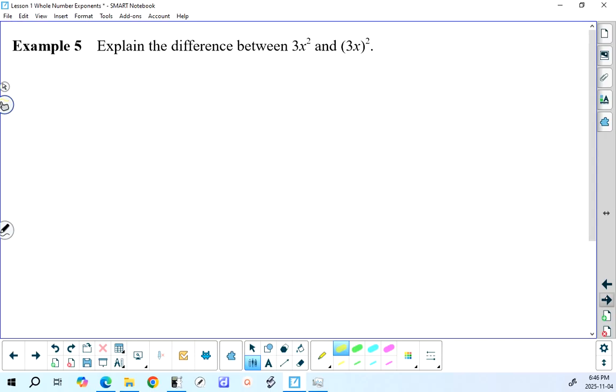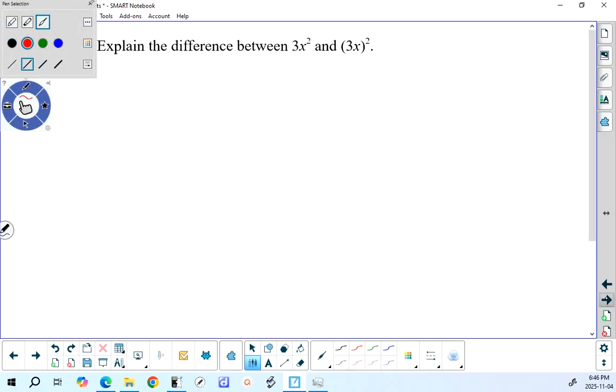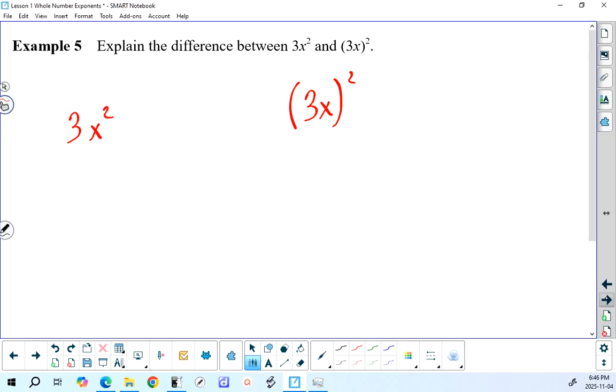All right, example 5, what is the difference between 3x squared, which I'm going to write down here, 3x squared. What's the difference between that and 3x quantity squared? If I don't worry about the inflection in my voice and trying to put those pauses in there, I would pronounce the one on the left 3x squared.